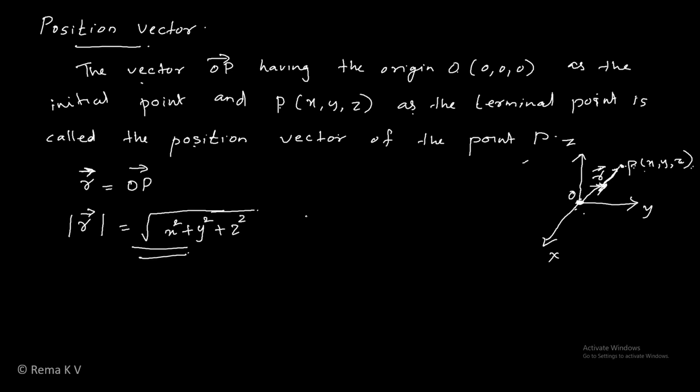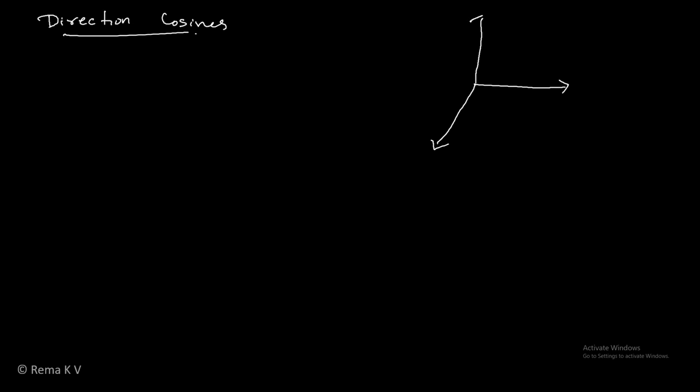So let us now move to the next term, direction cosines. For that, let us consider the three coordinate axes and a point P (x, y, z).